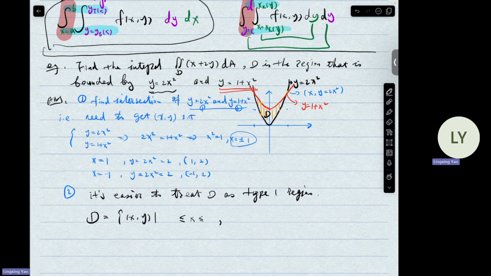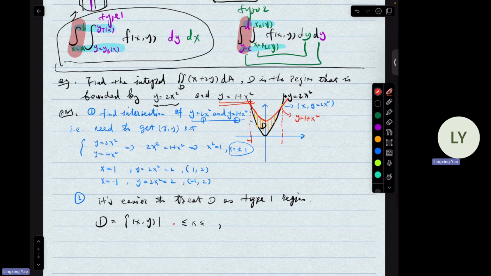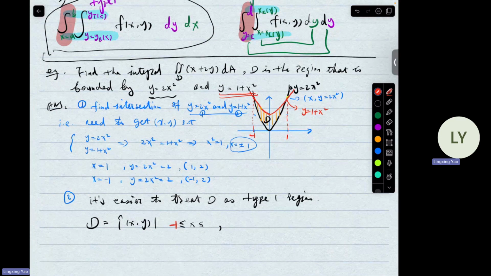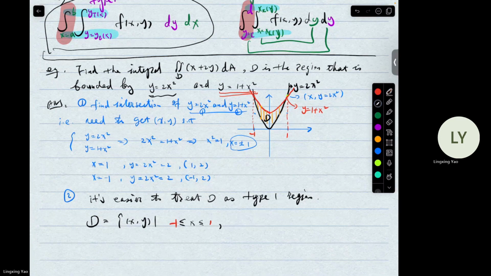So what is the interval for the x value? We should see the intersection points are (1, 2) and (-1, 2). So the x value will have the limit from -1 to +1.